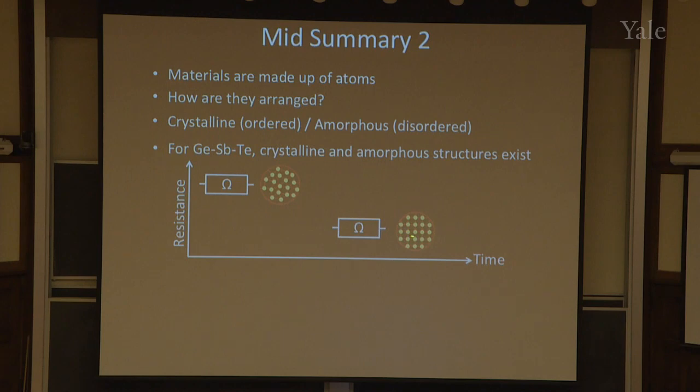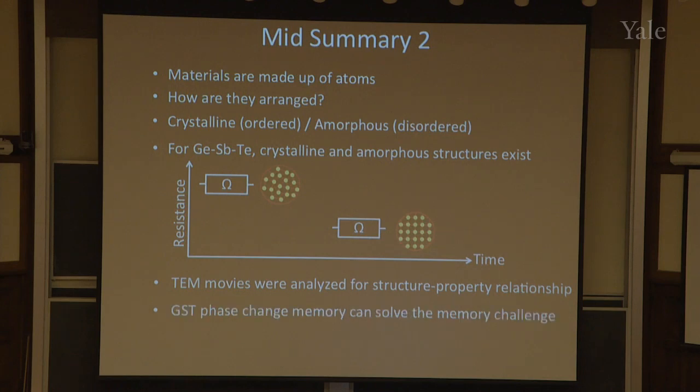When it's in the crystalline state, the resistance is low. And by using TEM movies, we found out how the structures and the properties were related. And we now think that GST phase change memory can really solve the current memory challenge.